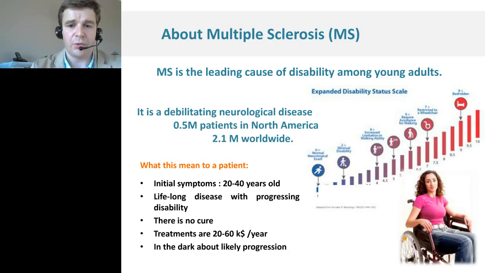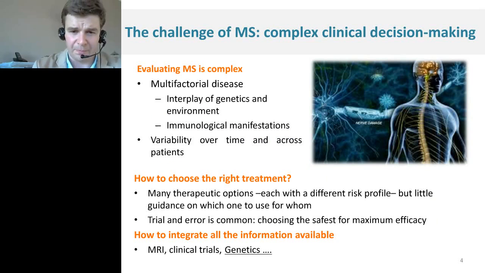It's not like an infectious disease where you're going to say, well, at that time I was infected by a virus or something. And more importantly, once you know you have MS, you know nothing about the future. You don't really know about how it's going to progress. And truly, there's a very, very large variability from one patient to the next.